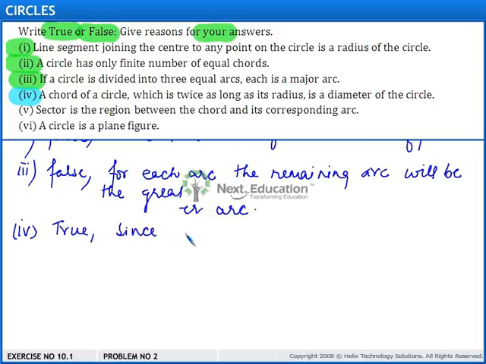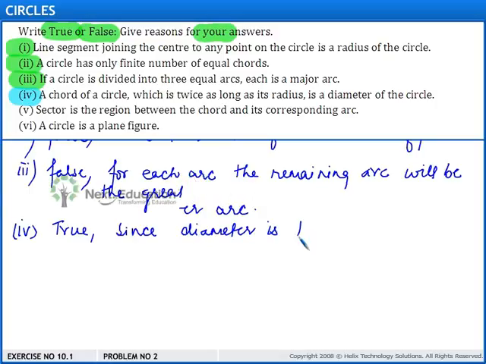since we know that diameter is twice the radius.